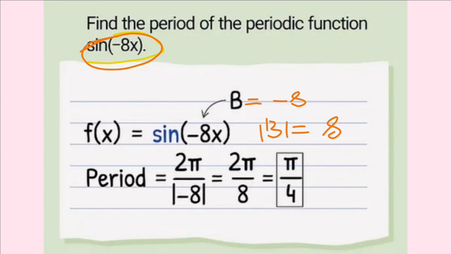So by the general formula, the period will be equal to 2 pi divided by |-8|, which is equal to 2 pi divided by 8. By simplification, the period of this function is pi by 4.